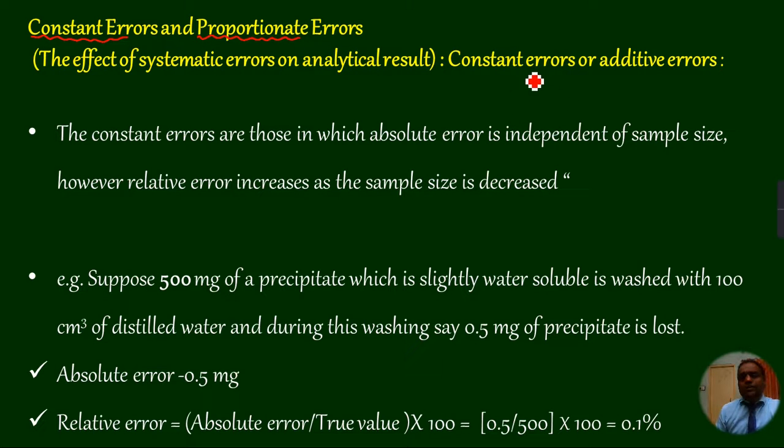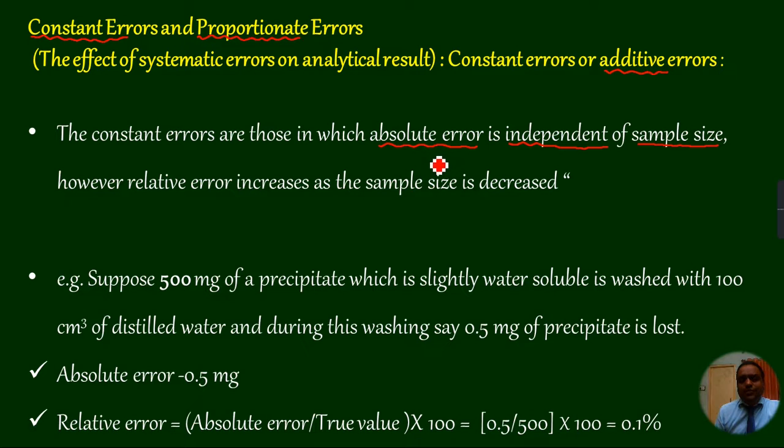The constant errors are also called as additive errors, right? Now the constant errors are those errors in which absolute error is independent of sample size.